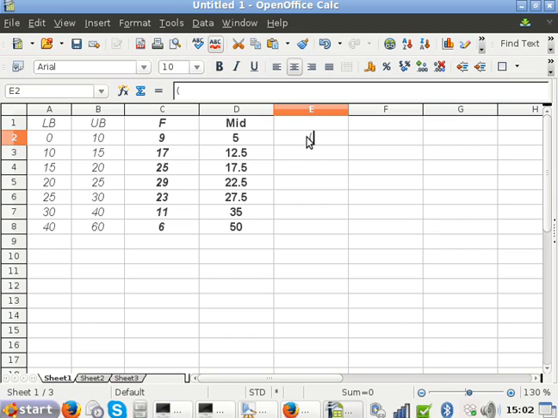Okay, let's do part 1. So part 1 they want the mean. How do I calculate the mean? 5 times 9, plus, and so on. The total frequency, isn't it?